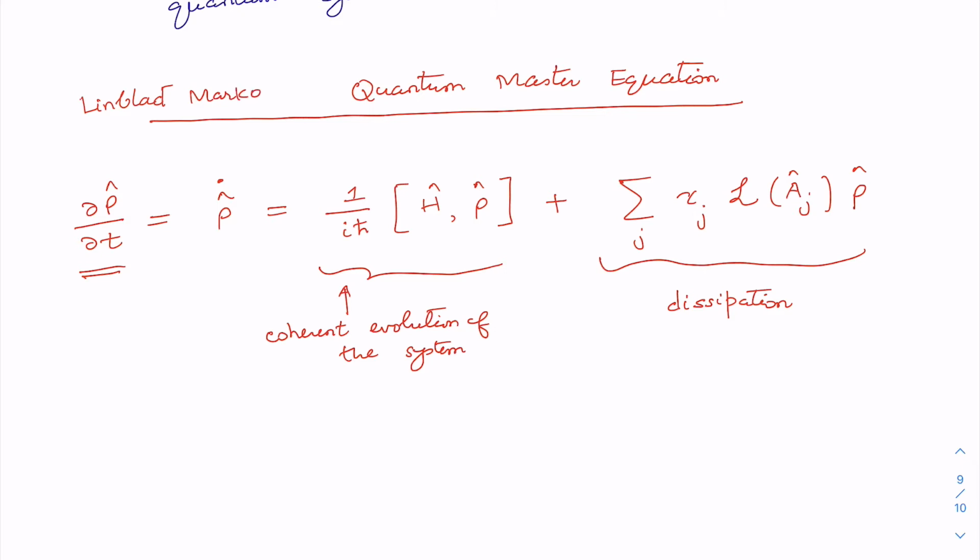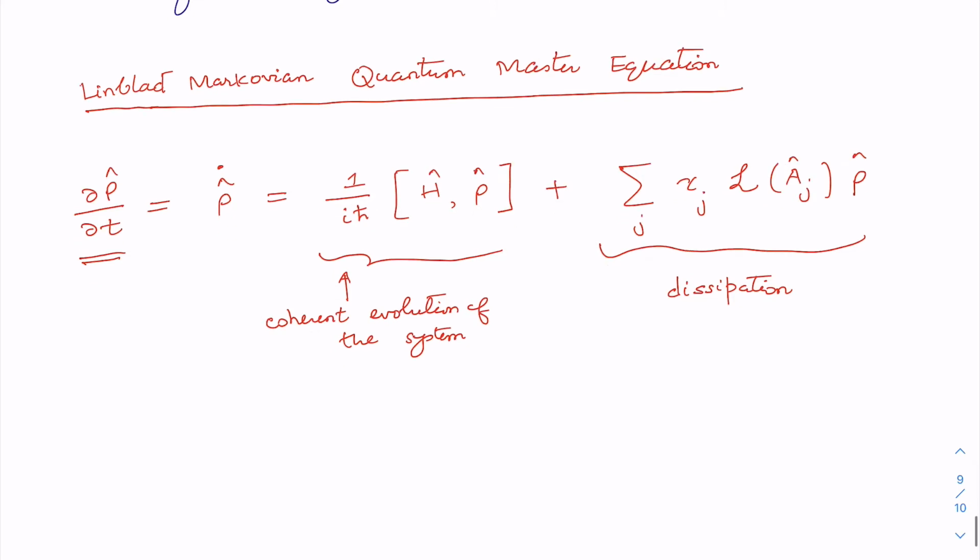Generally it is referred to as the Lindblad quantum master equation, but appropriately it refers to a Markovian process where we don't bother about the history.